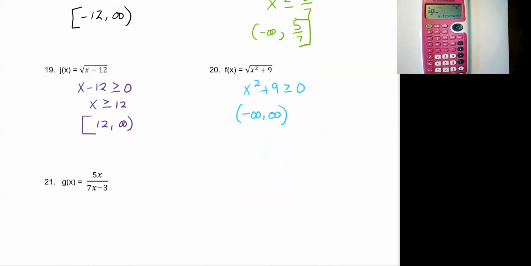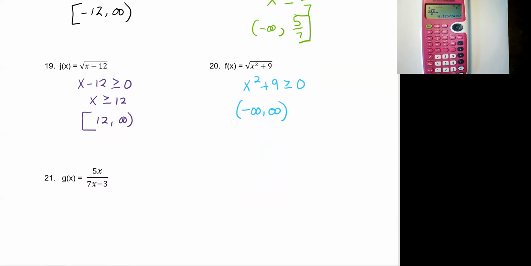All right, so number 21, this goes back to chapter 7. We have a fraction with a variable in the denominator. So the domain will be restricted because 7x minus 3 cannot equal 0. So we'll add 3 to both sides, divide both sides by 7.